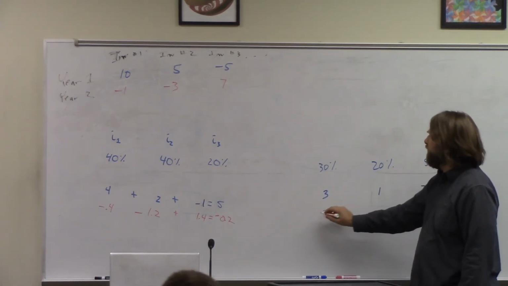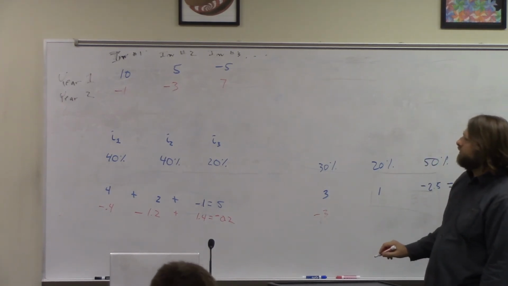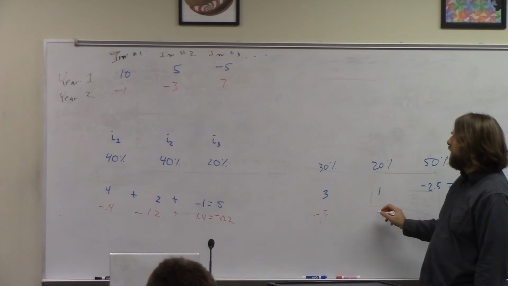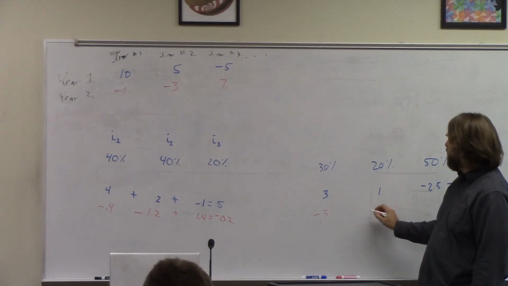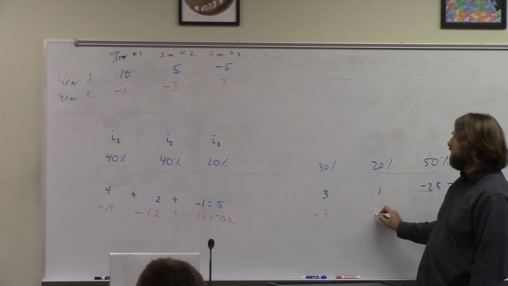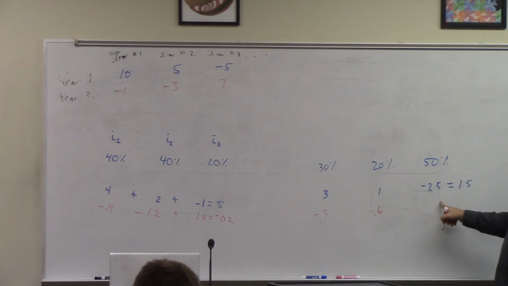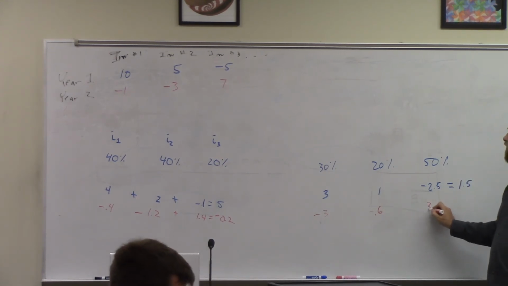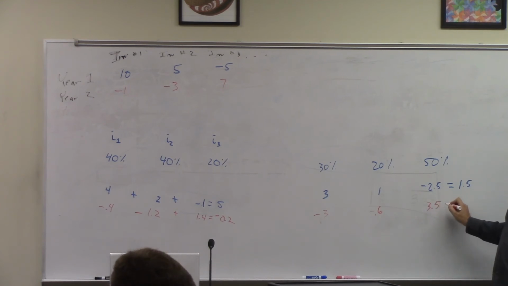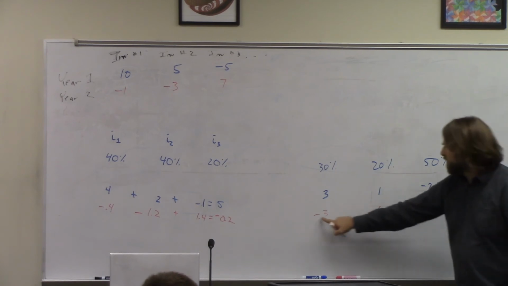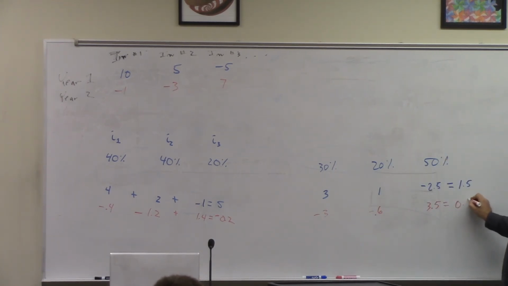No, we would lose 3. 30%. 0.2. We would lose 0.6. Right, 0.2 times 3. And then we would gain 3.5. So we would make, in this case, well, lose 0.1.